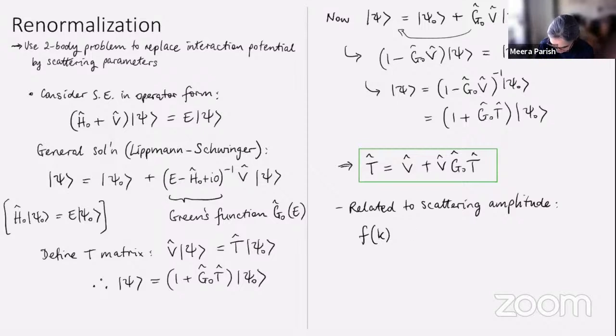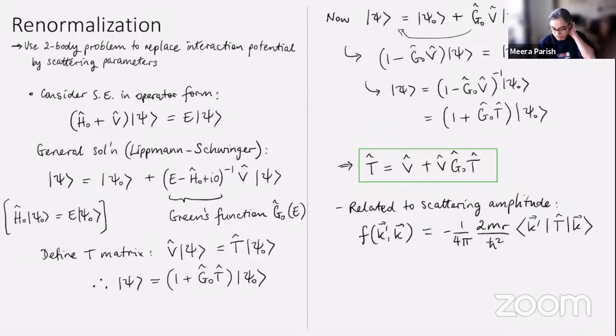So if I write it down more generally, that's just corresponding to an incoming outgoing wave. Then you find that it's just related to this matrix element here. Okay, right?